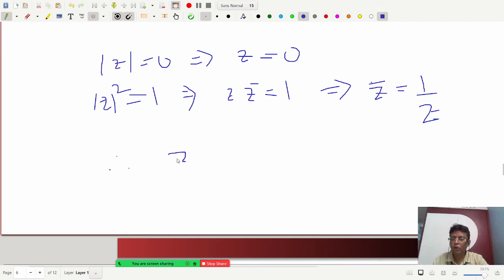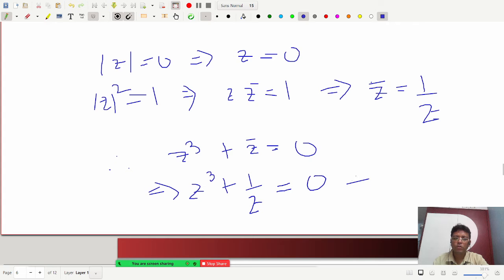Therefore, go to the equation z cube plus z bar equal to 0. Now replace your z bar by 1 by z. That will give you z cubed plus 1 by z equal to 0. So that will give you z to the power 4 plus 1 equal to 0.